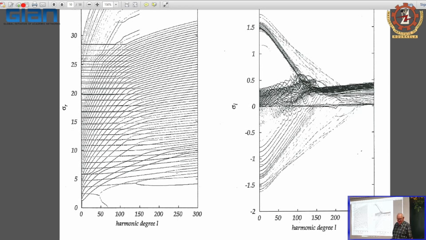So the strange mode phenomenon is not restricted to spherical geometry. It appears on all scales with harmonic degrees smaller than, say, 250 to 300.